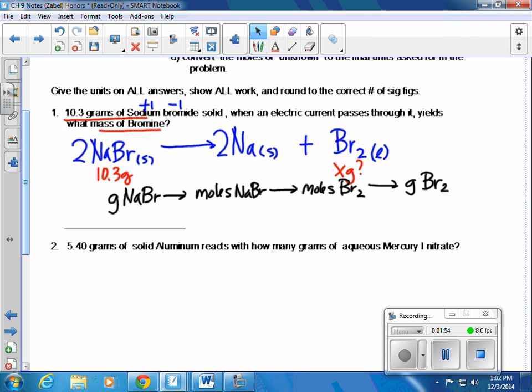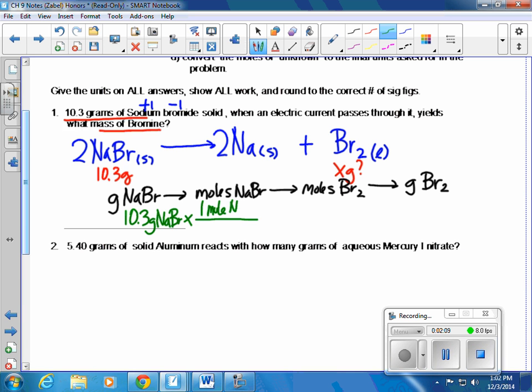All right, so we're going to go back and start with what is given. I am given 10.3 grams of sodium bromide. To change it into moles, I need the molar mass. So I know 1 mole of my sodium bromide is equal to 1 bromine plus 1 sodium, add that together, I get 102.9 grams, times a fraction bar.